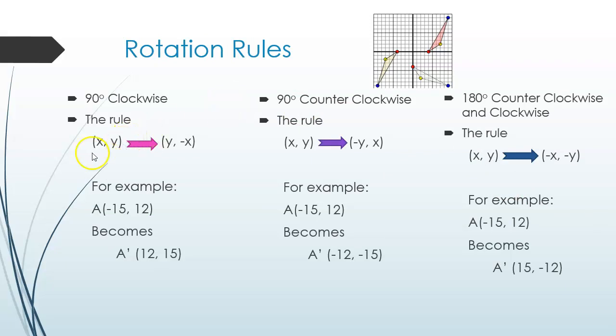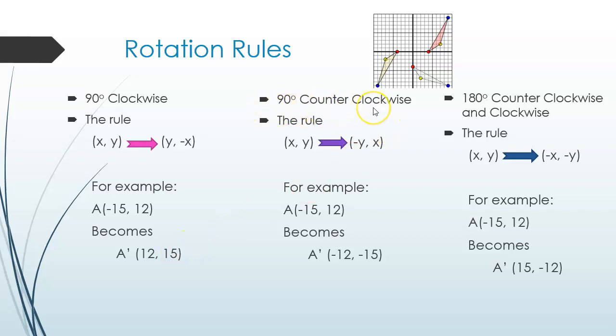Rotation rules. If you're rotating 90 degrees clockwise, (x, y) becomes (y, -x). So if this is our point, the y goes first, and the opposite of -15 is positive 15.